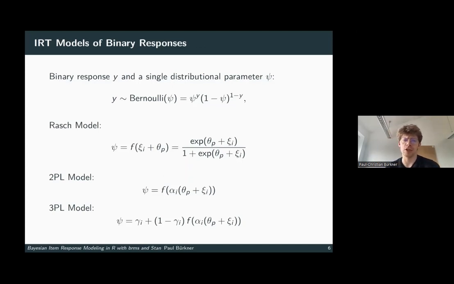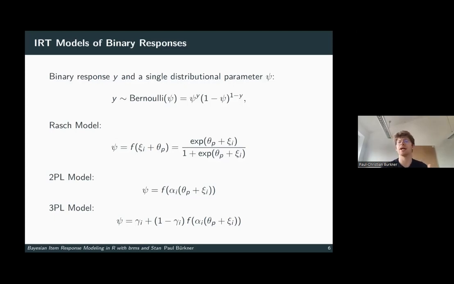That's kind of just the typical case. In this situation, these binary responses, we would canonically model with a Bernoulli distribution of a single parameter psi that basically gives the success probability or the probability of giving the correct response.